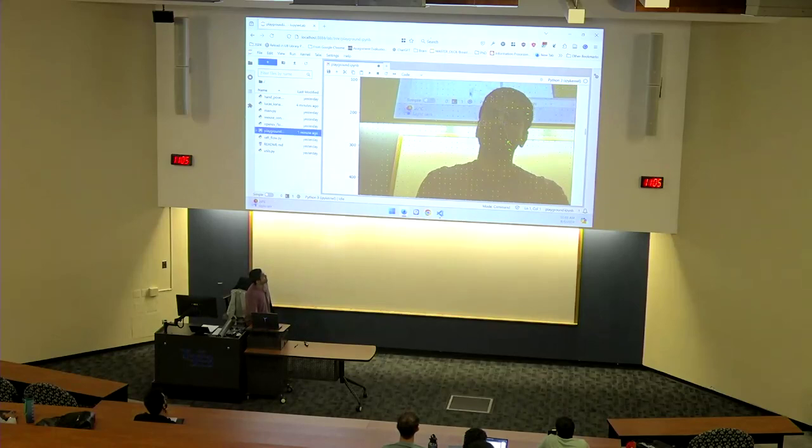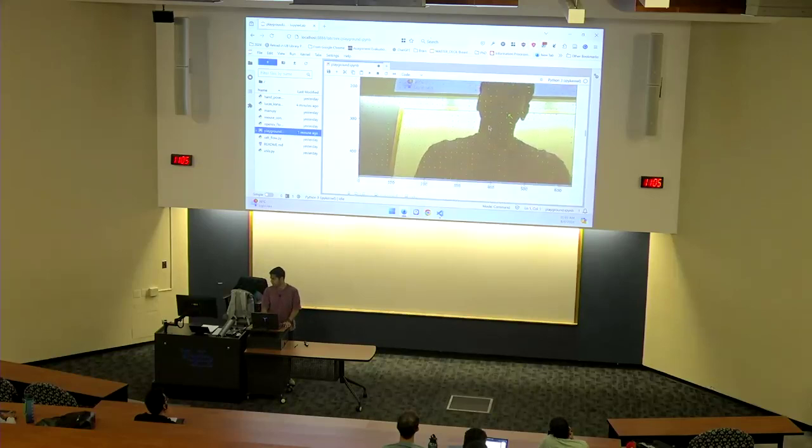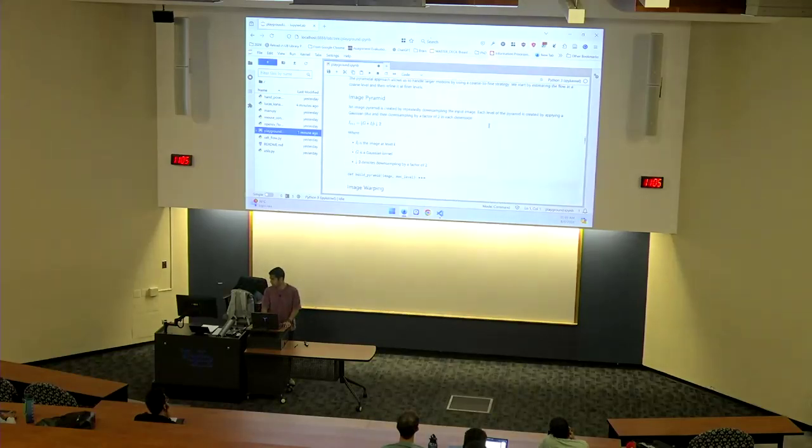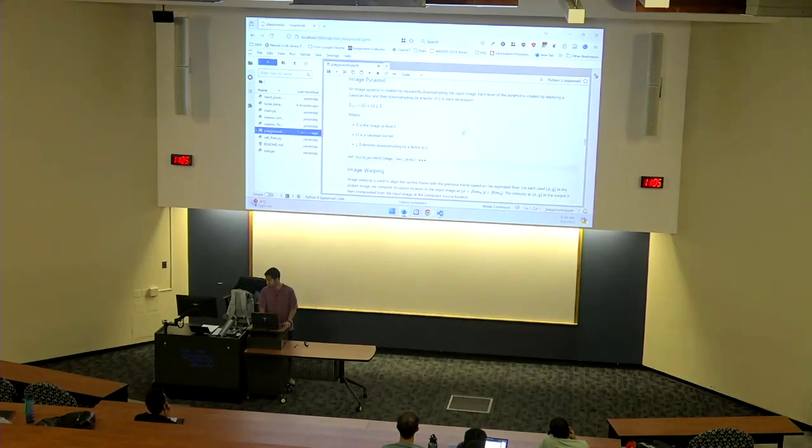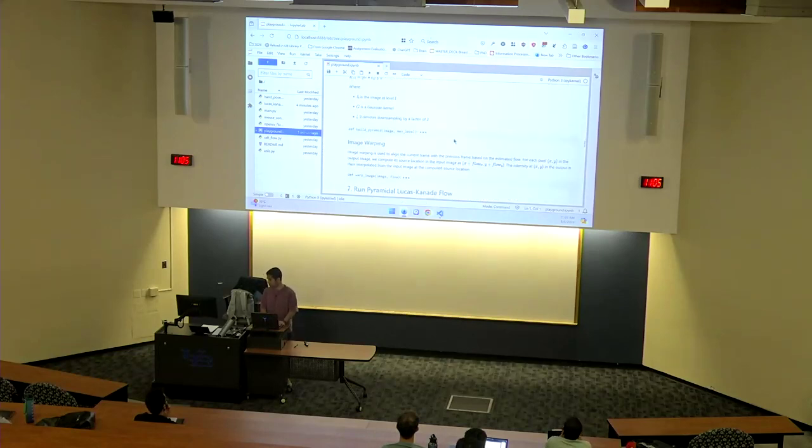So if we zoomed out and looked at how everything moved and zoomed into a patch and see how much it moved, then we might be able to get information on flow that we can then combine. So that's why we do the pyramidal approach, where we downsample it a bunch of times and then calculate flow at all of those scales.